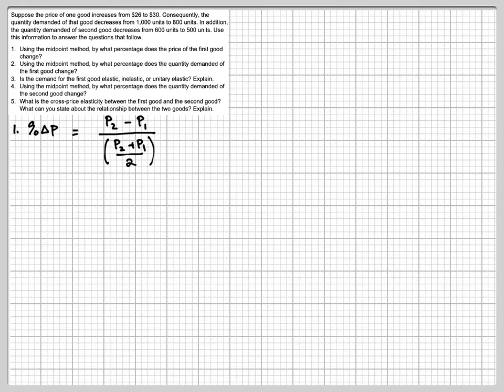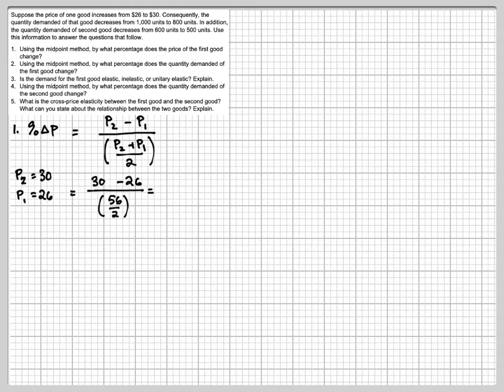So P2 is equal to 30. P1 is equal to 26. So this is equal to 30 minus 26 over 56 over 2.